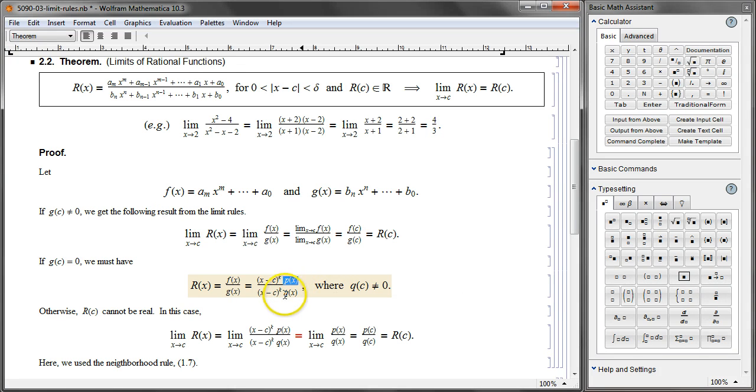Oh, as a matter of fact, the numerator is not that important. The denominator is important because we do not want 0 in the denominator, so factor almost everything out. And then q of c is 0.